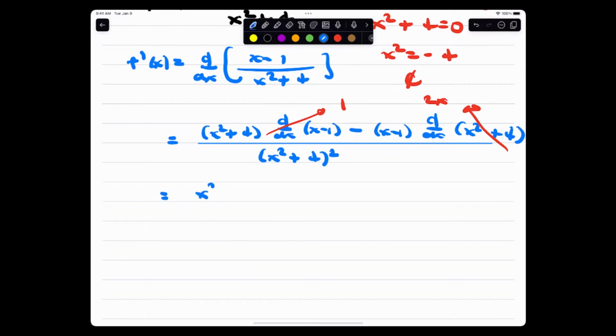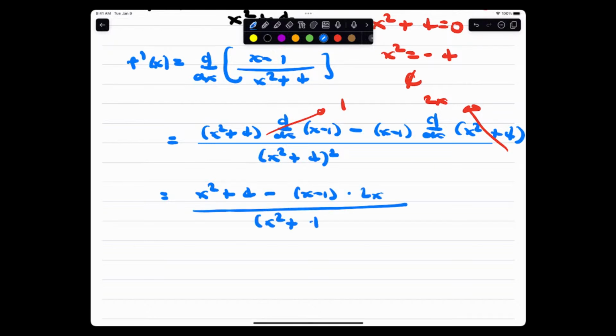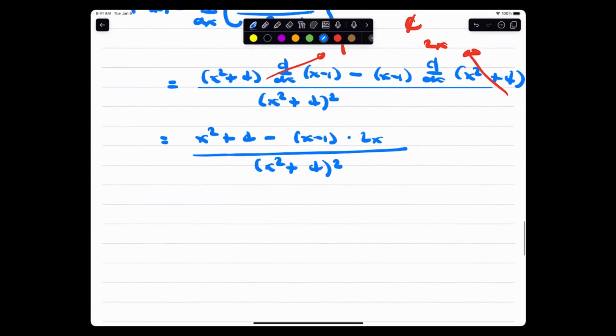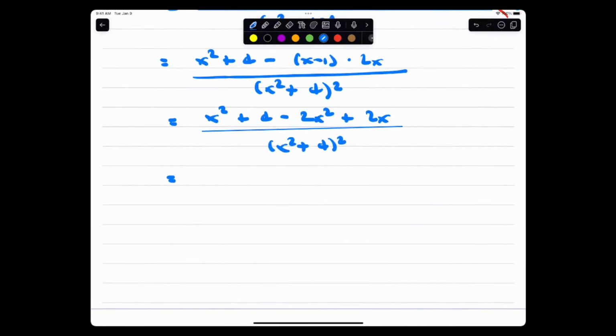So by quotient rule, we get x squared plus 4 minus x minus 1 times 2x, over x squared plus 4 squared. Doing some arithmetic, I get minus x squared plus 2x plus 4 over x squared plus 4 squared.